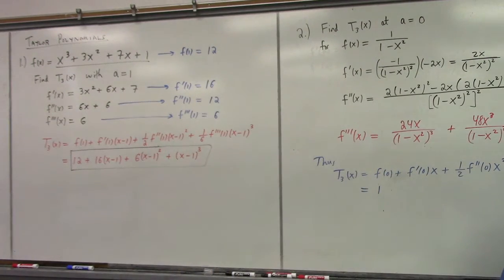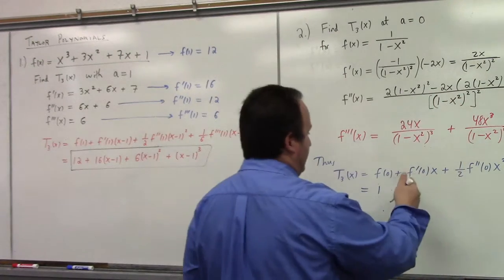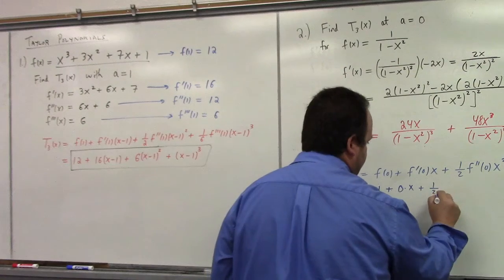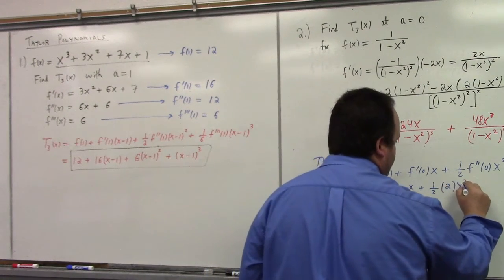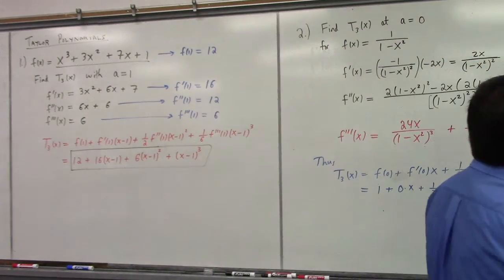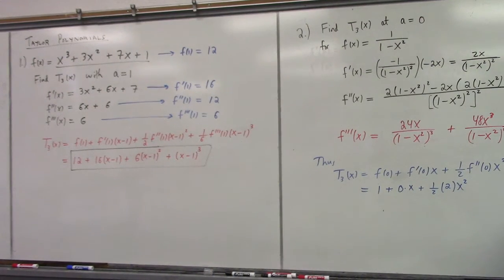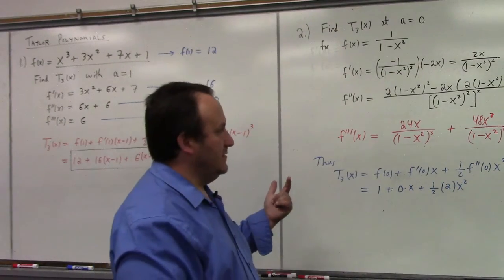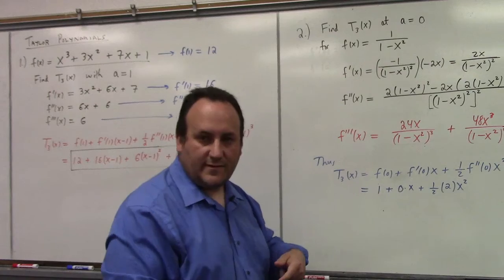So we plug in 0, we get 2 over 1 minus 0 squared cubed, which is 2 over 1, which is 2. And then the third one, we plug in 0, we get 0.